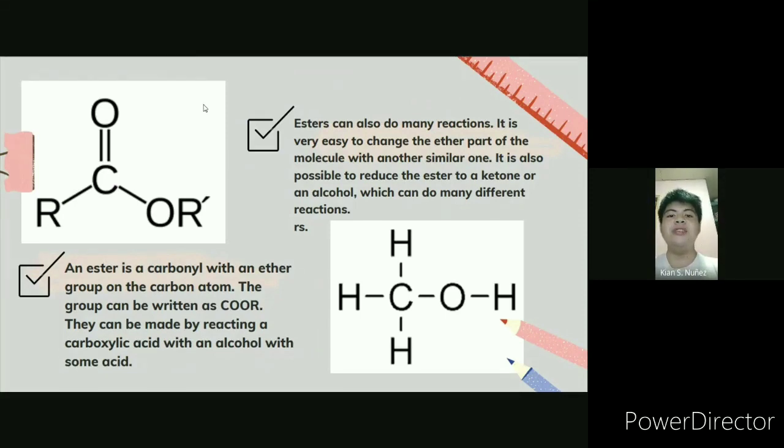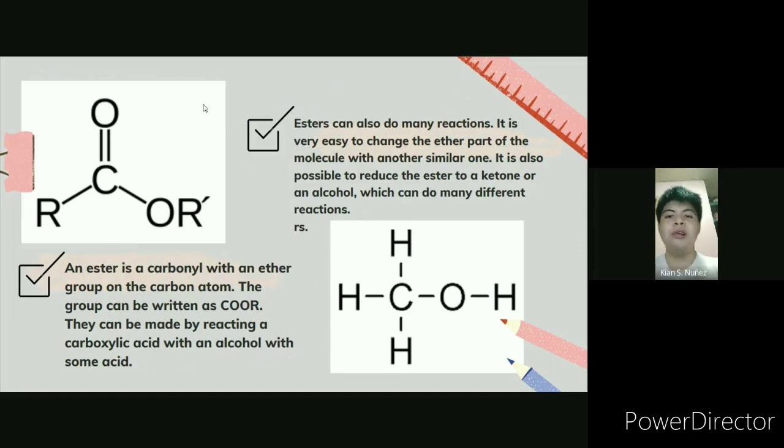It is very easy to change either part of the molecule with any other similar one. It is also possible to reduce the ester to a ketone or an alcohol, which can do many different reactions. So this means you can break down esters to create alcohol and a ketone.